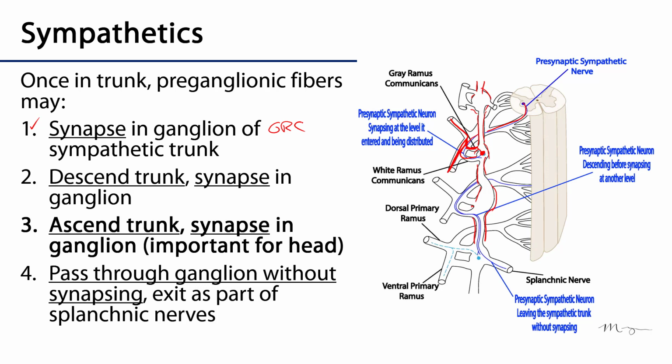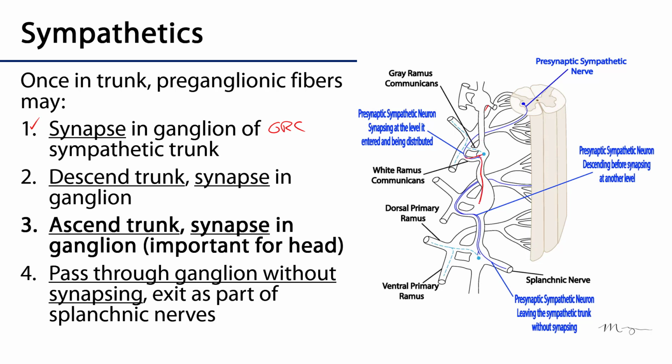Another thing that can happen is that, let me erase some of this, that preganglionic neuron can get to the sympathetic trunk and it can descend.